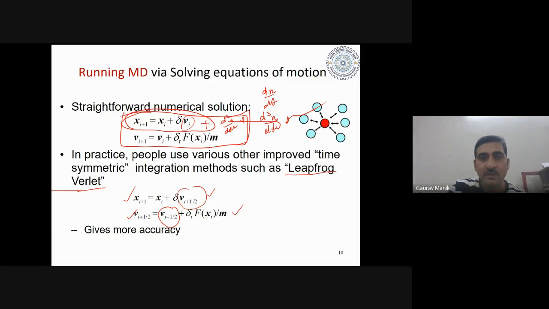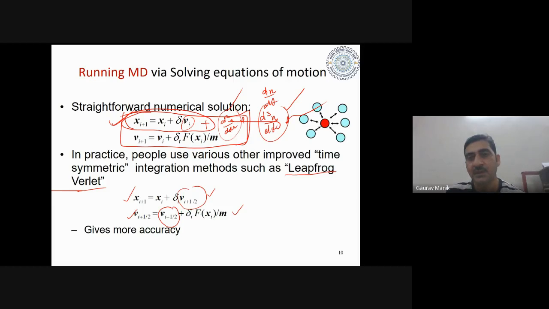The more of these terms you take in estimating the value of xi, the more accurate it is. But it also means your work will become more computationally intensive and difficult, and you will have to store a lot of these higher order derivatives to estimate the position of the particle.